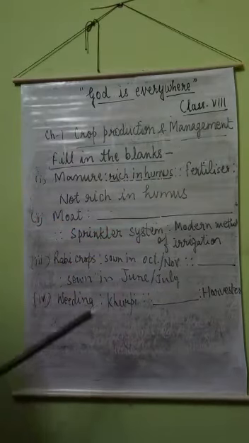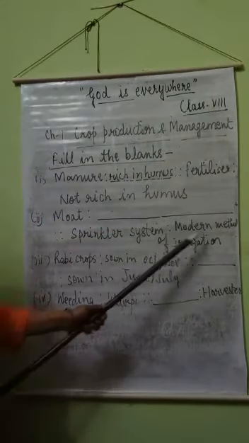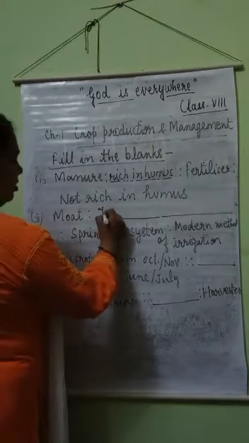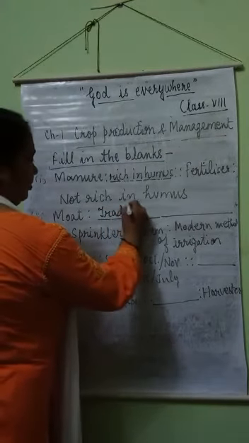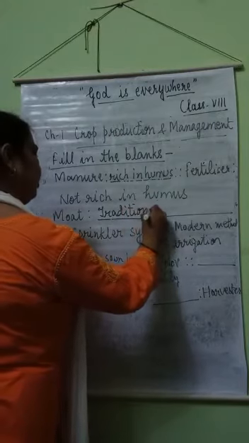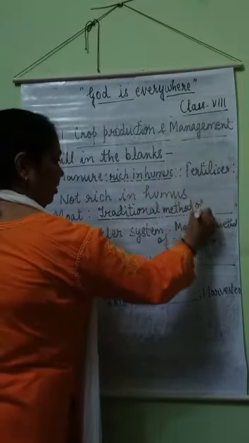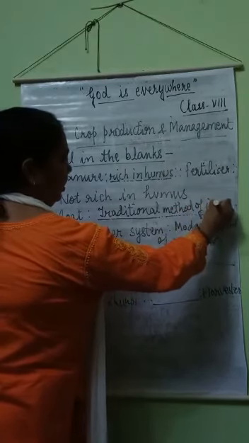Next, as the sprinkler system is a modern method of irrigation, moat is a traditional method of irrigation.